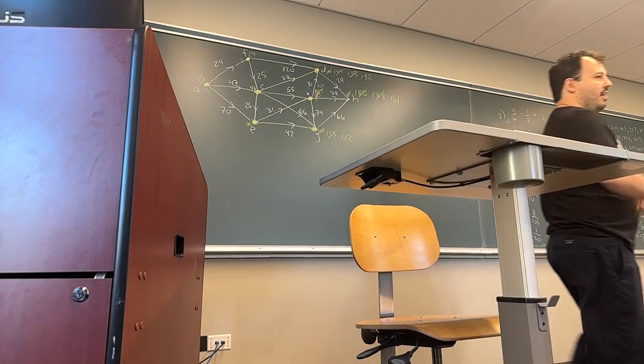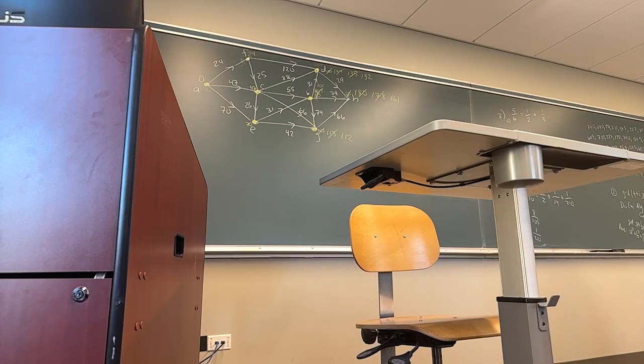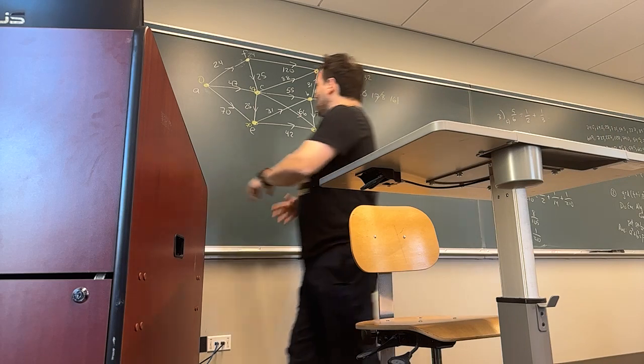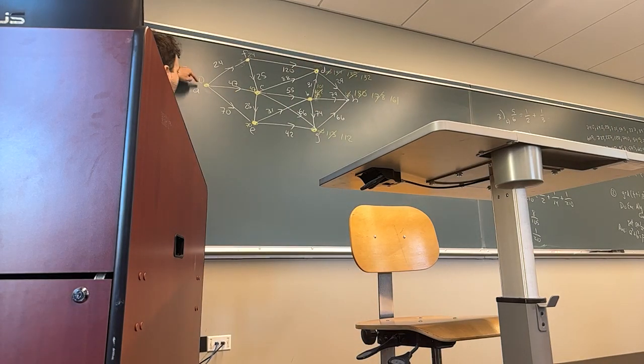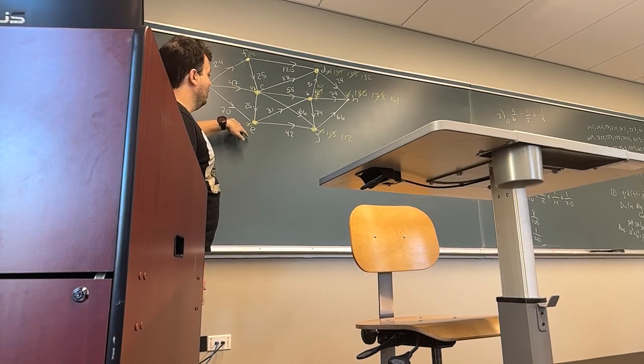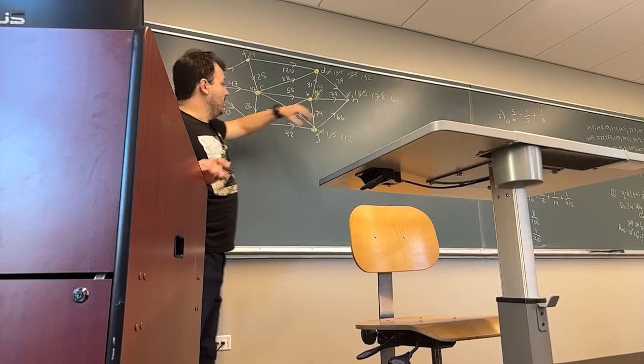So when you have to do this by hand in midterm 3, I think that would be a faster way to do it. You don't have to keep track of the paths. So again, let me repeat how it goes. You start, you look at the edges coming out of A, you put the numbers associated to them, so 24, 47, 70, and to everything else you put infinity.